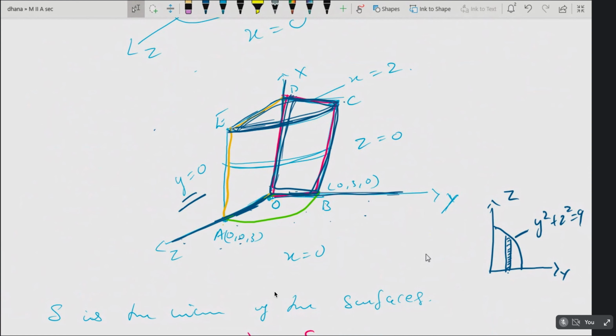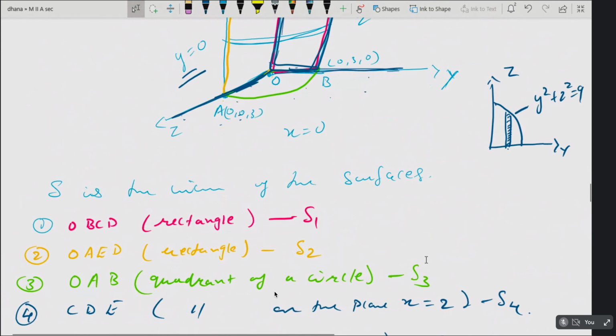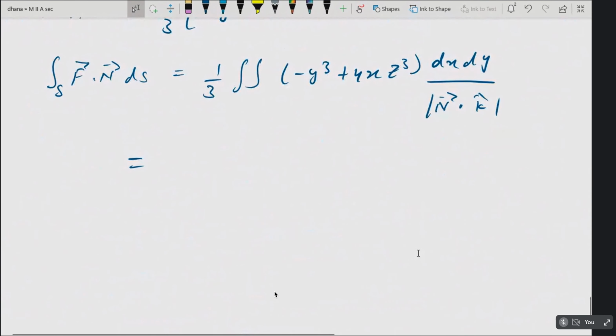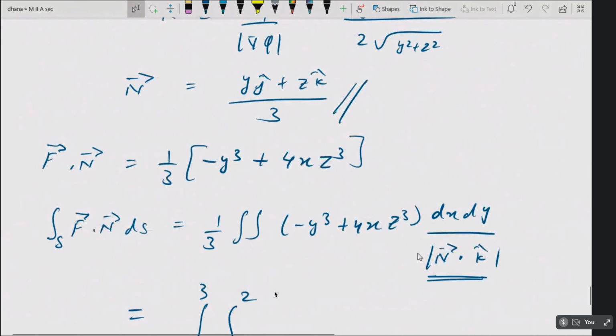For this rectangle, limits of x are from 0 to 2 and y 0 to 3. Limits of y 0 to 3, limits of x 0 to 2. Remaining things, this n cap we have already calculated. Substitute here, simplify whole of this thing.